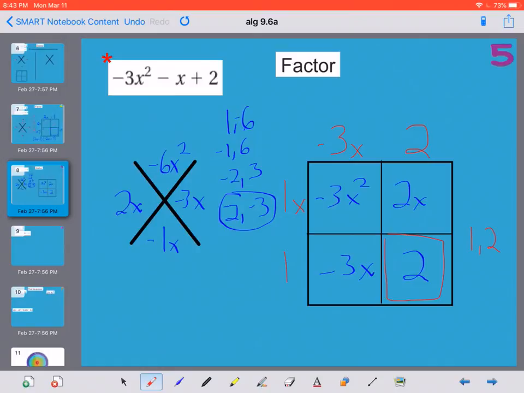Well, it's going to be a positive 1. So then if we take a look and see if they multiply together, 1 times 2 gives us 2, which is what we want. So our answer then is 1x plus 1 times negative 3x plus 2.